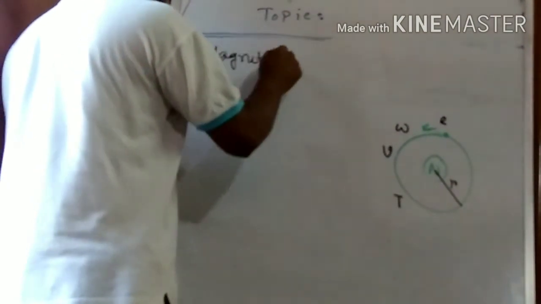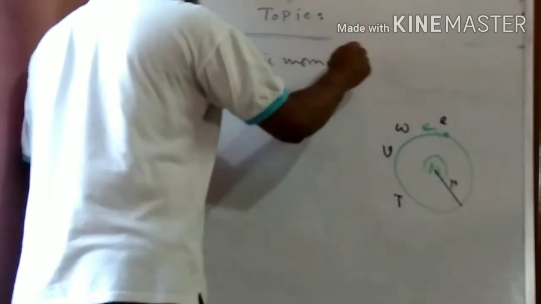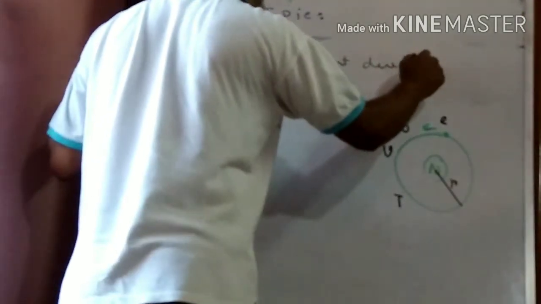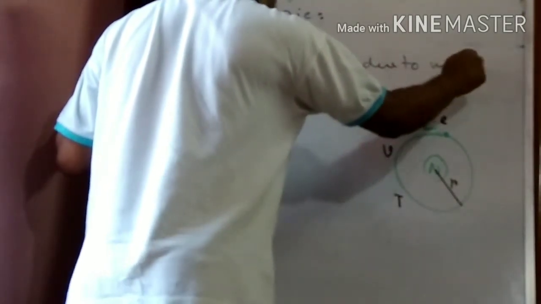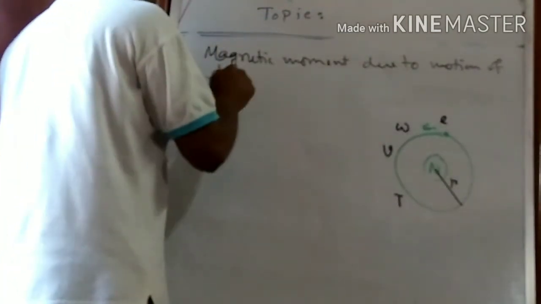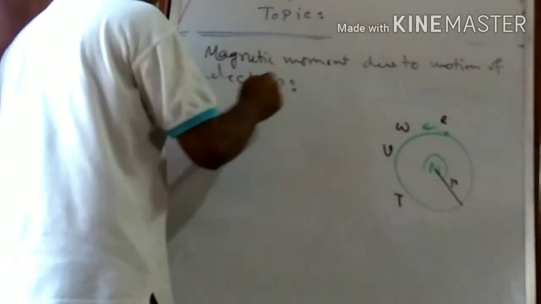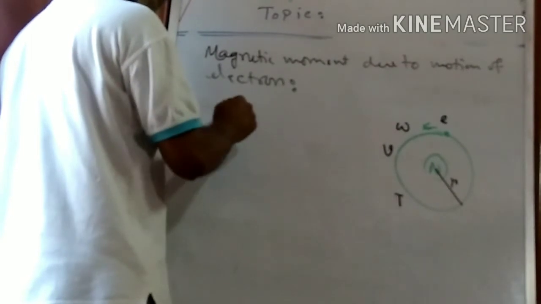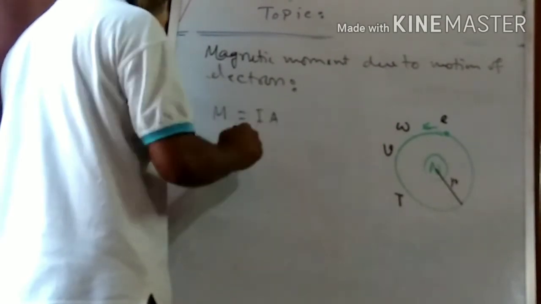Magnetic moment due to motion of the electron. Magnetic moment, M equals I into A.